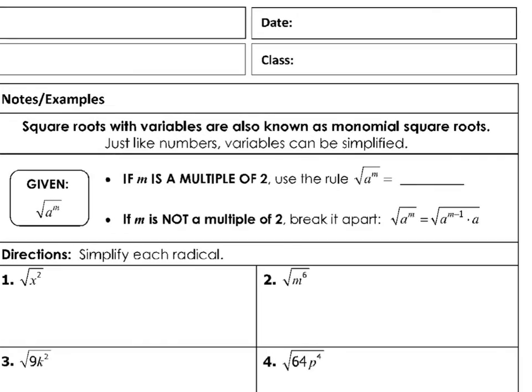All right, square roots with variables are also known as monomial square roots. It's because they got a variable with a number, right? Okay, just like numbers, variables can be simplified. If m is a multiple of 2, use the rule square root of a to the m power equals a to the m divided by 2.